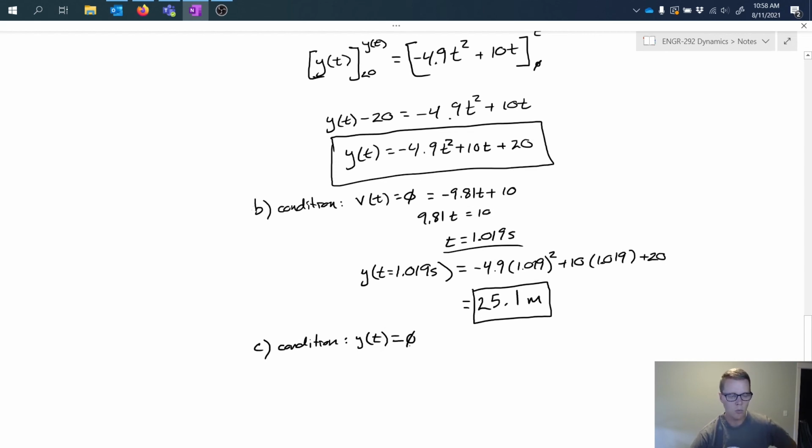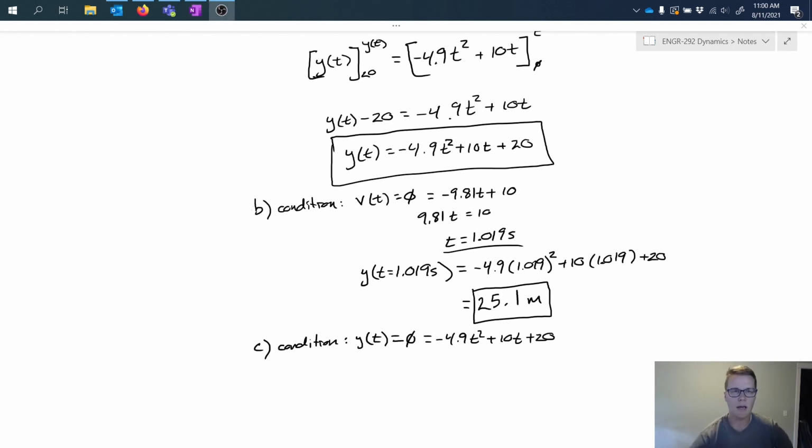So we have a function for y, and I'm going to write it again, negative 4.9t squared plus 10t plus 20. And we're looking for the time at which this function is equal to 0. So you can see we have a quadratic expression here. We can go ahead and solve that by plugging it in to our quadratic equation.